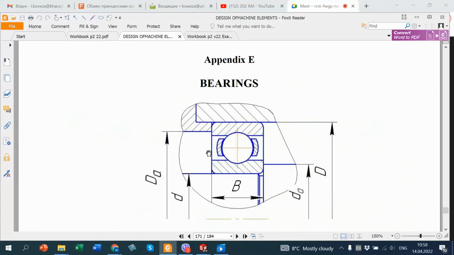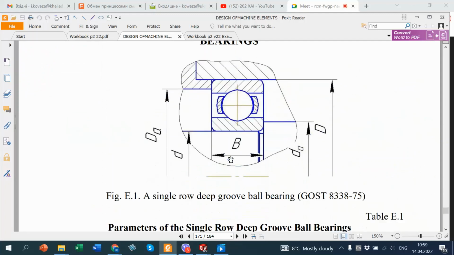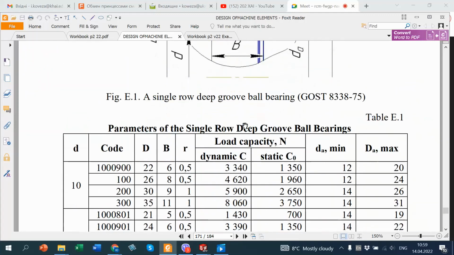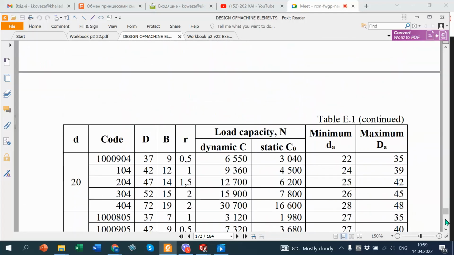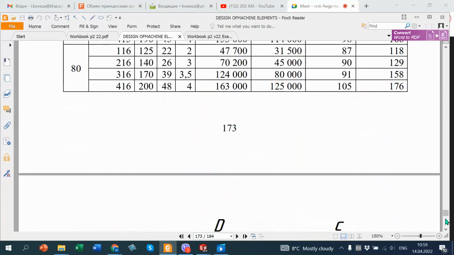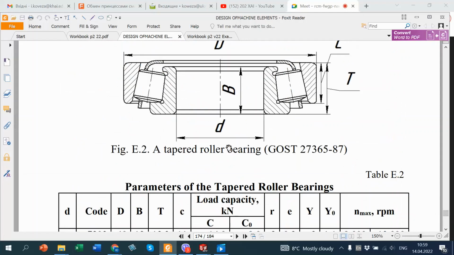Maybe one more variant is change type. We considered ball bearings, but let's consider tapered roller bearings.